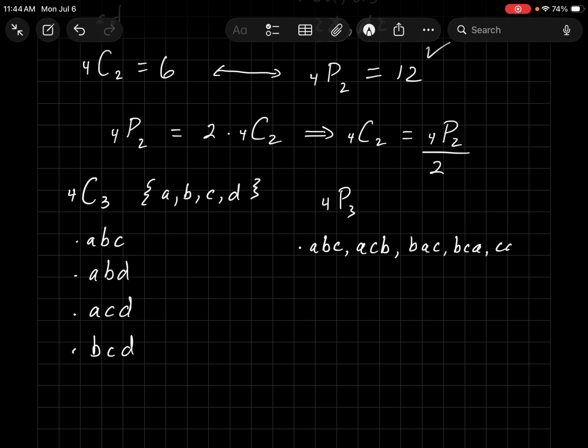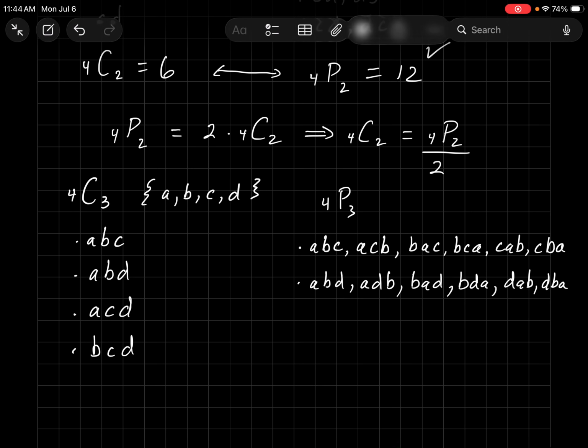And then CAB and CBA would also be different things. And I could do the same thing with ABD. I'll write these out, getting all the different permutations, because the order does matter, using A, B, and D only.